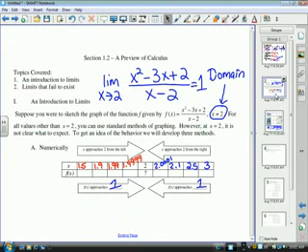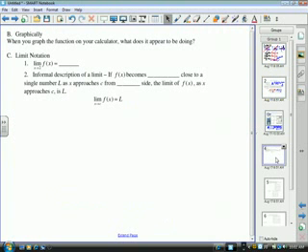All right. Well, what if I wanted to do this graphically? Using a calculator, honestly, I think it's harder to do it graphically. Get your calculator back where you can see the graph.